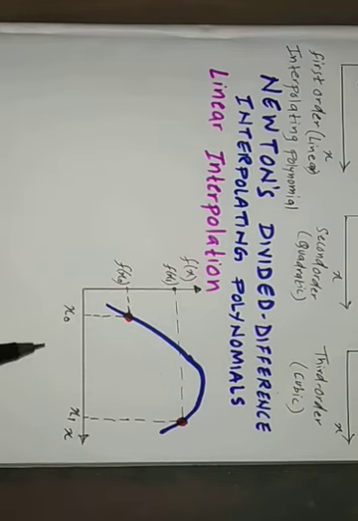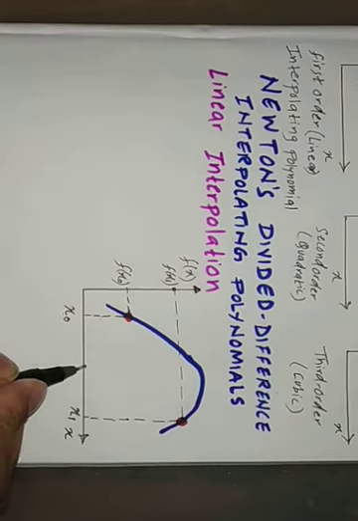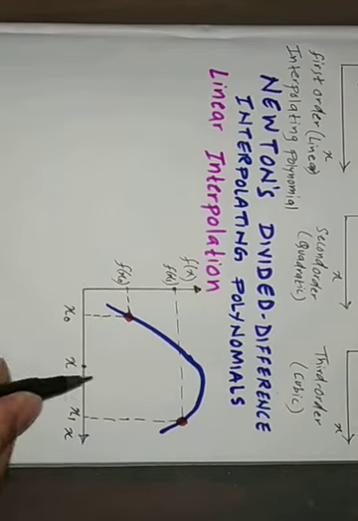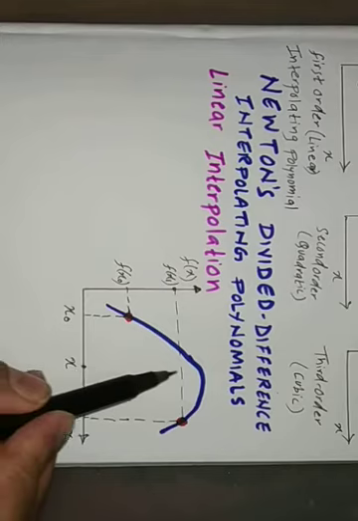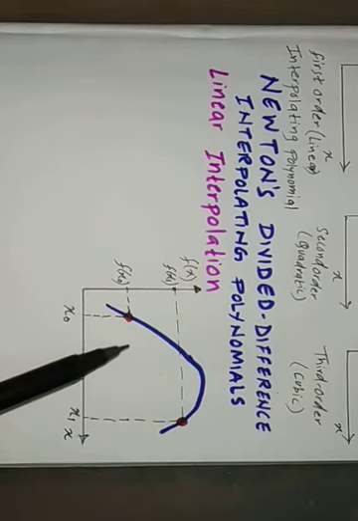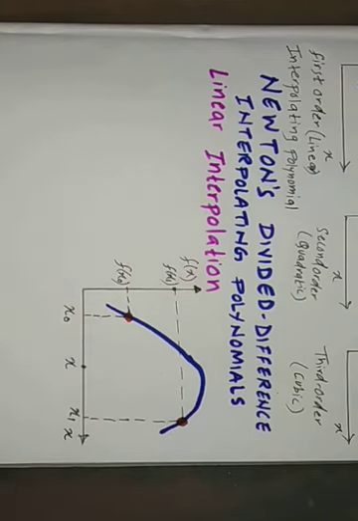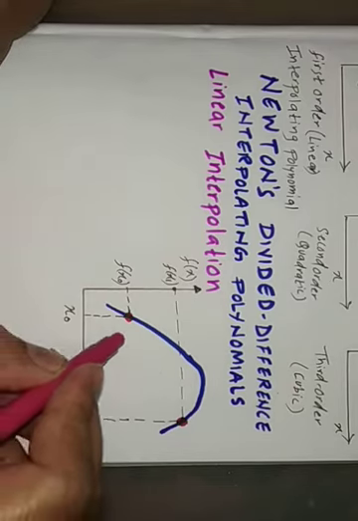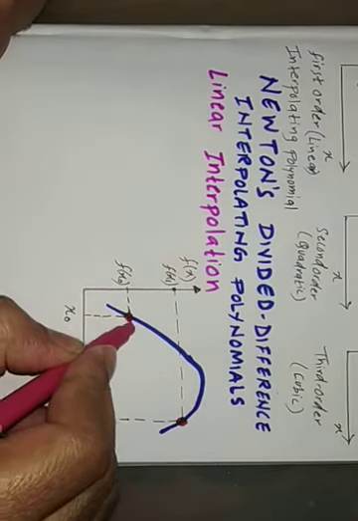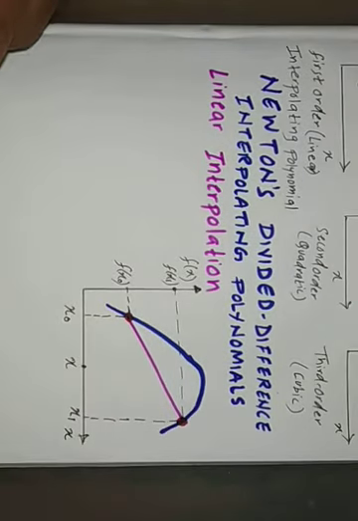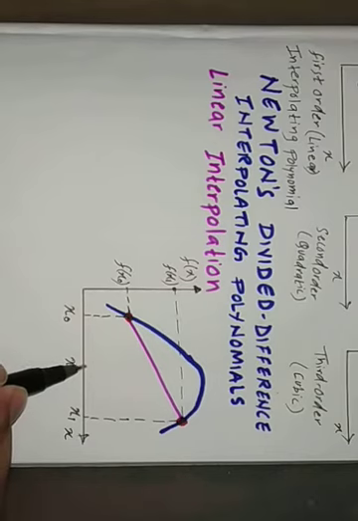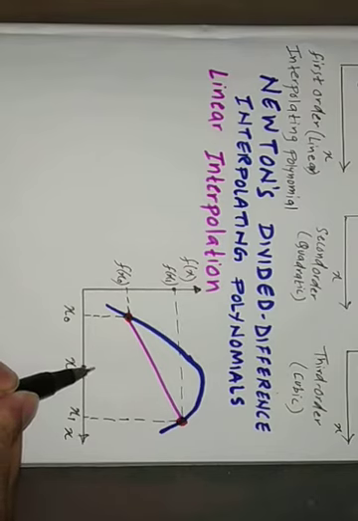Now if we want to find out one intermediate value x, how to find out the corresponding f of x? Let us assume we don't know this function, so for that we will use linear interpolation, and we have got 2 points, so join these 2 points with a straight line.